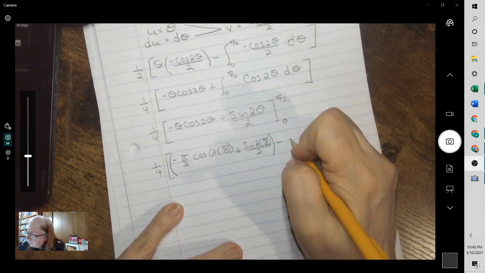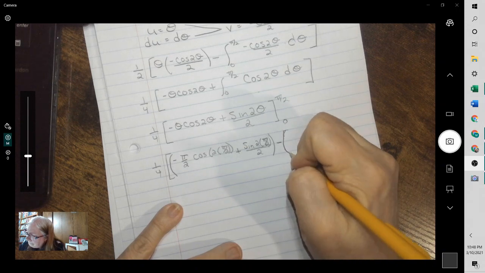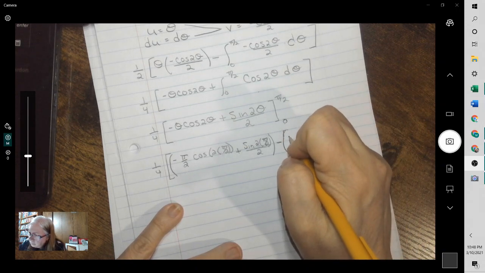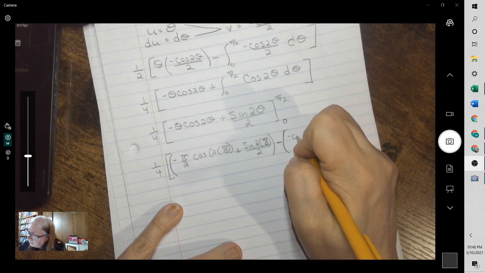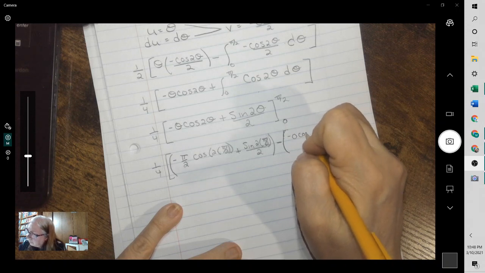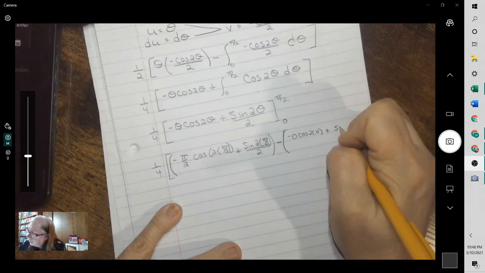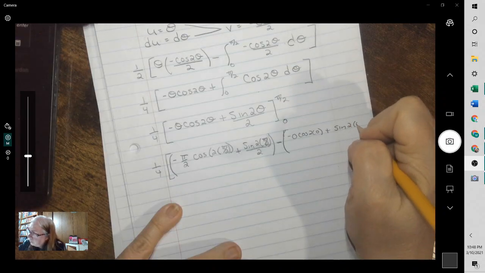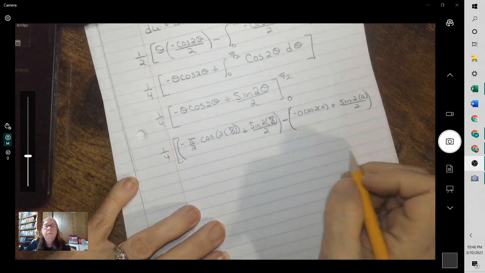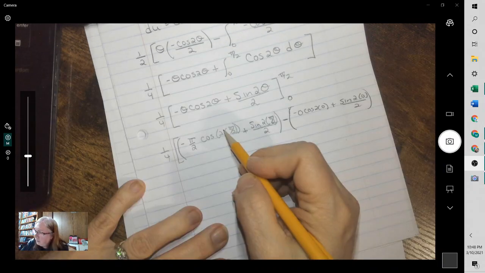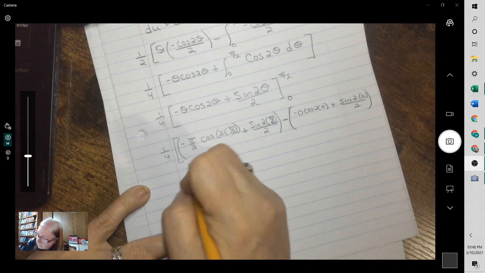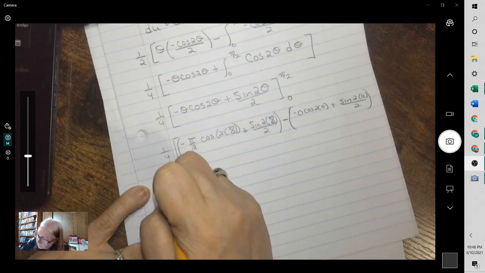Plug in 0. Minus 0 cosine of 2 times 0 plus the sine of 2 times 0, all over 2. Okay, these cancel and leave, I'll just write it out.